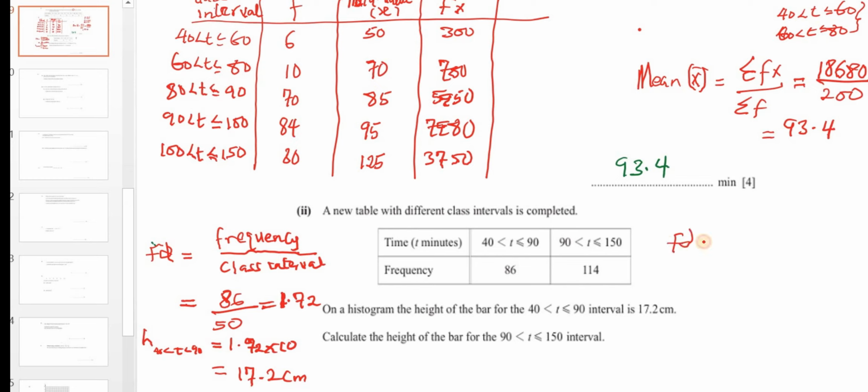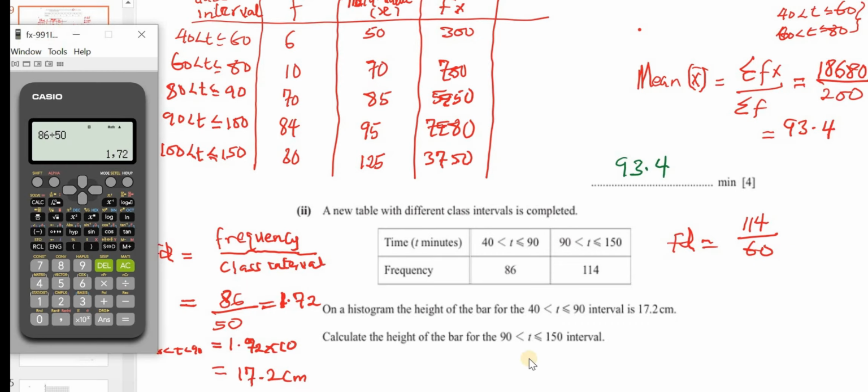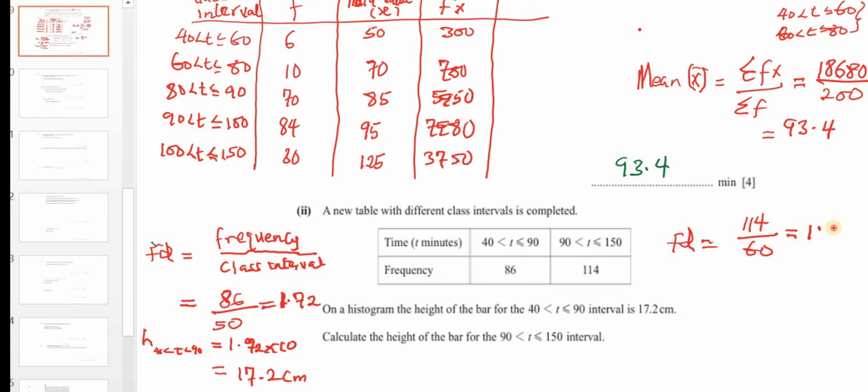So the frequency density required here will now be 114 divided by the class interval here, from 90 to 150, which is 60. If you divide it, 114 divided by 60 gives 1.9. And 1.9 is the frequency density.